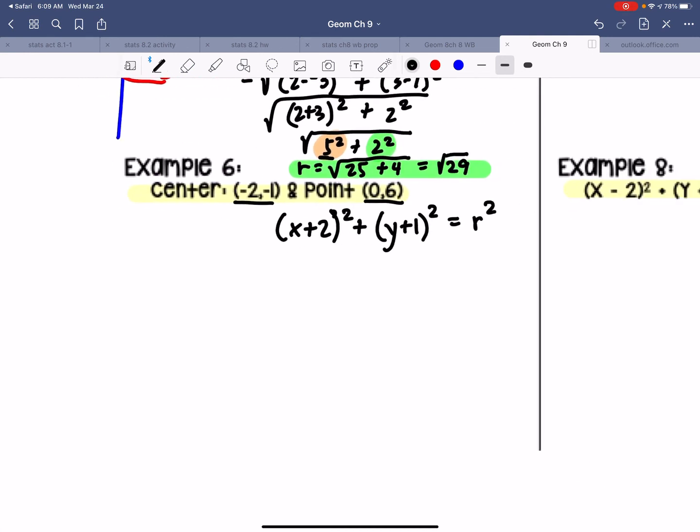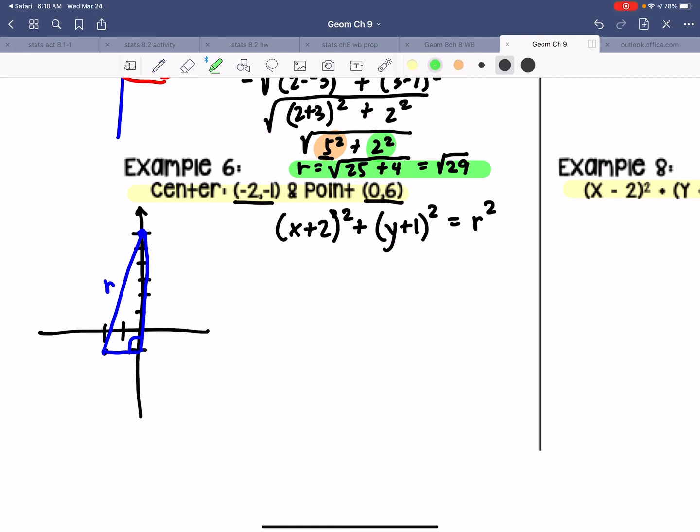So again, you can use the distance formula or you can kind of use graph paper. Negative 2, negative 1. That's going to be my center, and my point is at 0, 6. So 1, 2, 3, 4, 5, 6. All right, and we can draw an invisible right triangle between these two, and that's going to be our radius, right? And we're solving for that.